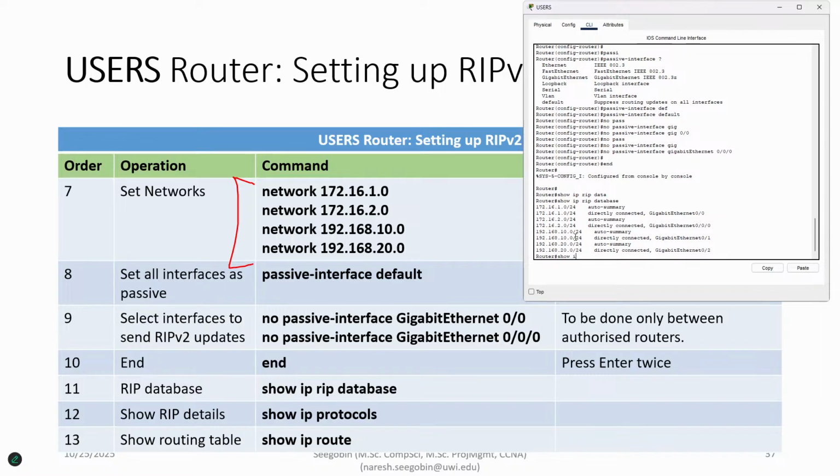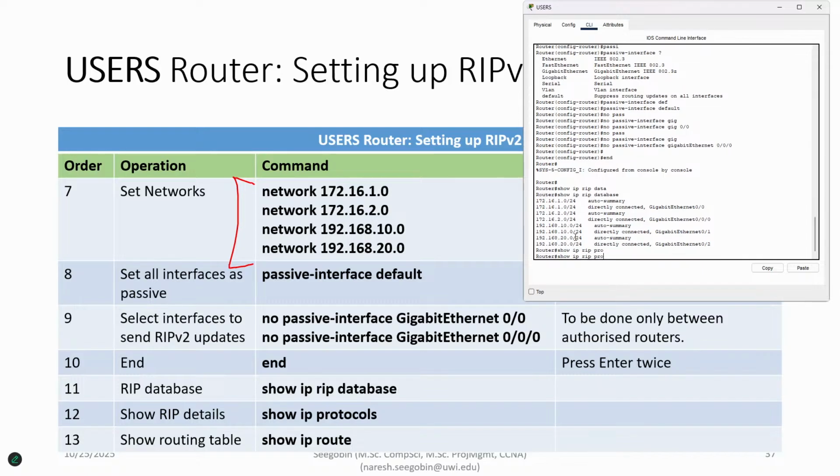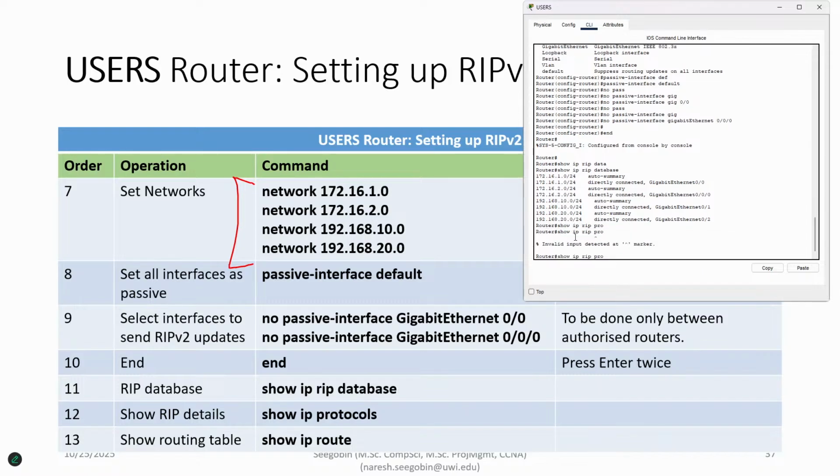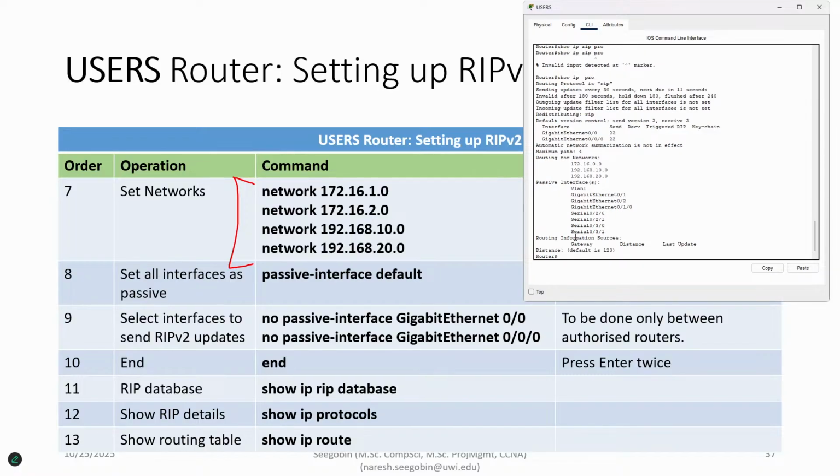We could do a show ip protocols. Sorry, it's ip protocols rip. It's going to show you all the dynamic routing protocols running on this system. Now, for the group project, guys, when you do show ip protocols, you can do it for all your multiple protocols running. Those are doing what you call redistributed routes, or redistributing OSPF and stuff.